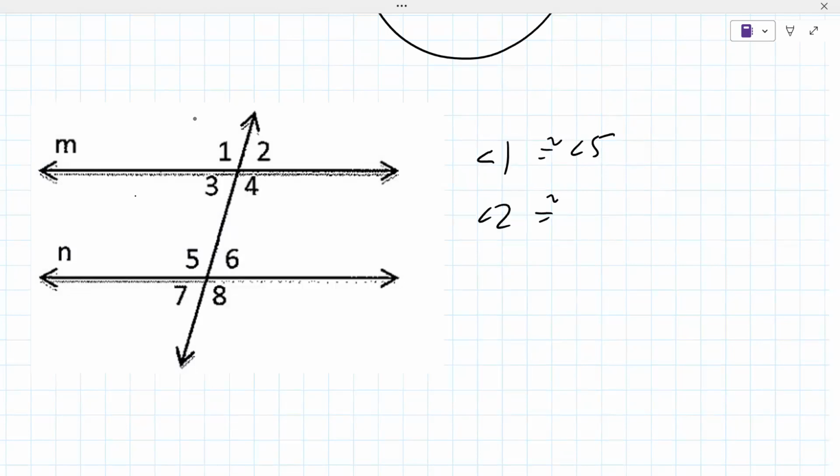All right, good. And you write them as congruent statements. Very good.